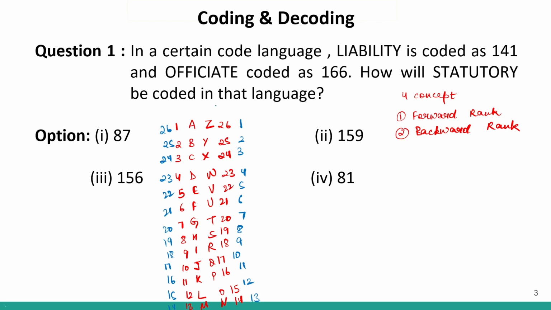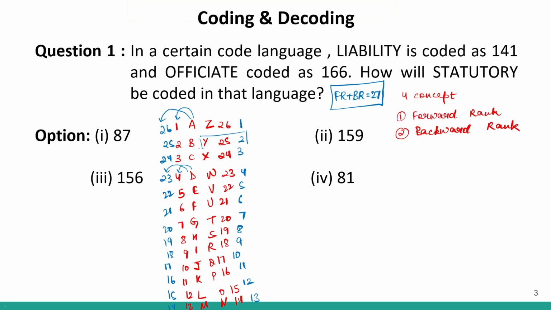So if you look over here, A's forward rank is 1 and backward rank is 26. Similarly, D's forward rank is 4 and backward rank is 23. Another concept is that the sum of forward rank plus backward rank is always 27. You can check for any alphabet.